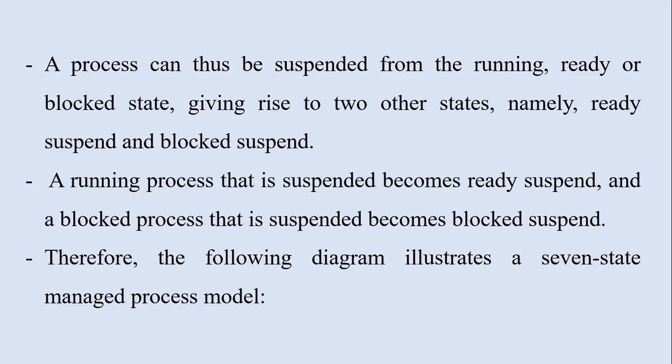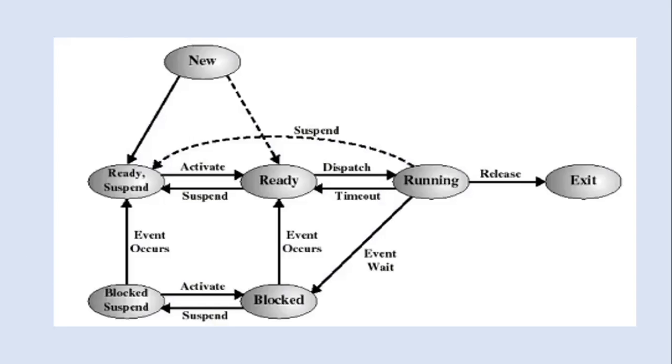A process can thus be suspended from the running, ready, or unblocked state, giving rise to two other states, namely the ready suspend state and the blocked suspend state. A running process that is suspended becomes ready suspend, and a blocked process that is suspended becomes blocked suspend. This illustrates the 7-state managed process model. This is the model.